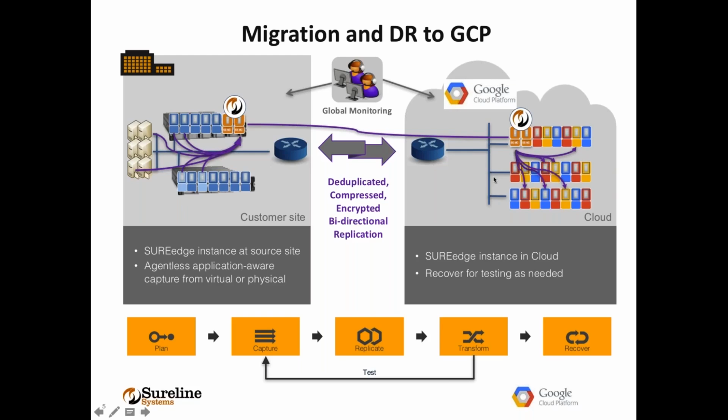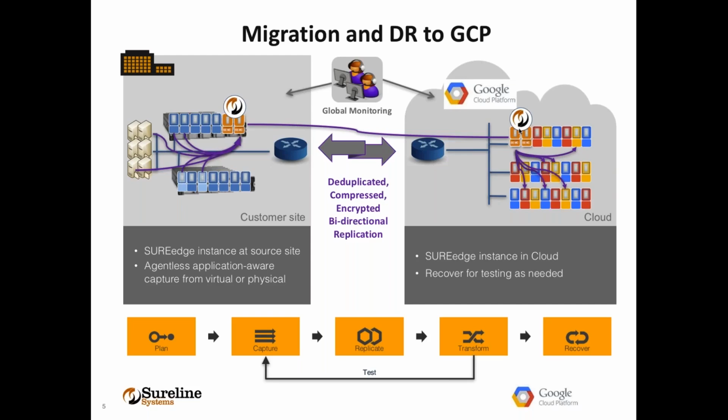On the right-hand side, that represents the Google Cloud Platform, where you want your systems to come up. We have another instance of SureEdge Migrator running there, and its job is to receive the data streams from your source site or even multiple source sites. It's also responsible for making any required transformations or fixes and performing the recoveries and instantiation of systems in the cloud for your testing and for your final cutover, or in the case of DR, for disaster recovery.